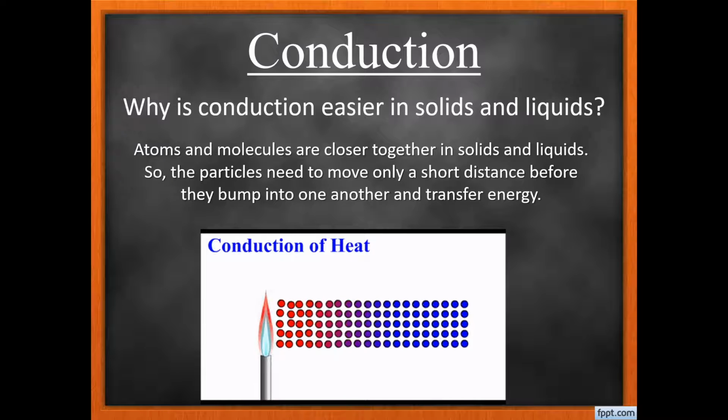Again, this is conduction. So the heat is going into the first column of atoms, and then they're bouncing left to right. The heat is flowing to the right, to the colder. So heat is flowing from hot to cold.